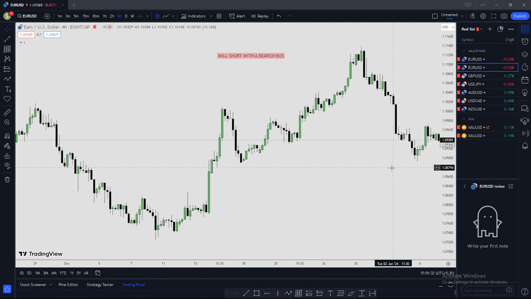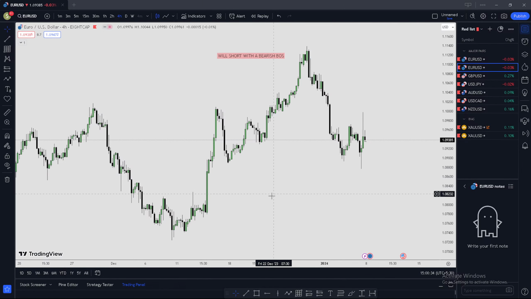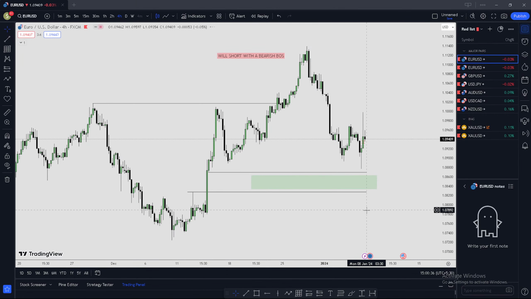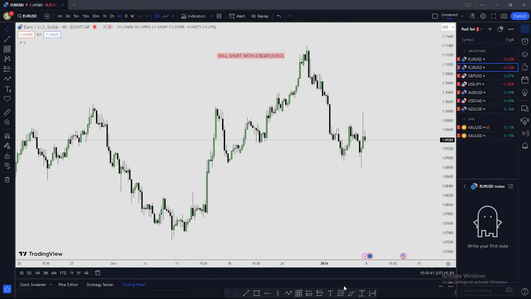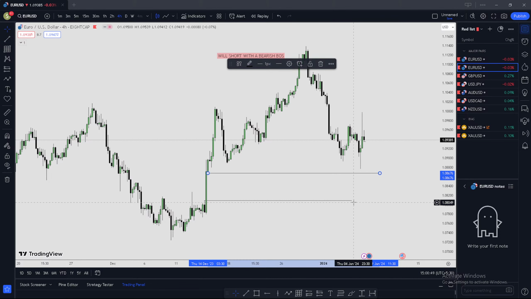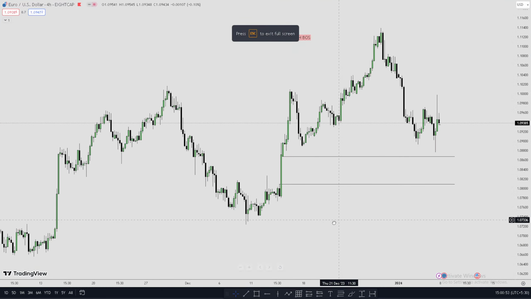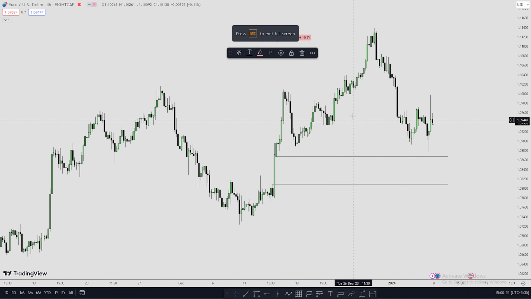On the 4-hour fair value gap, we're willing to approach this down there. Let me again mark the fair value gap that we are willing to approach. This one is the gap. Let me just write it down.